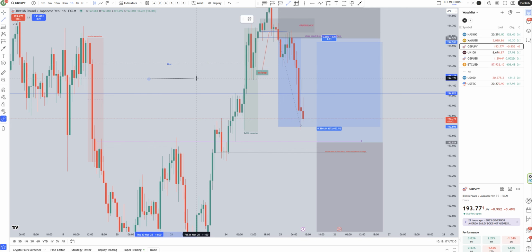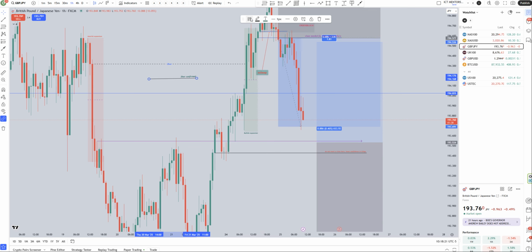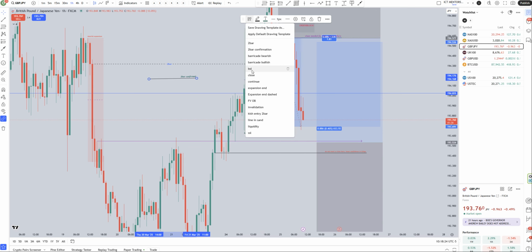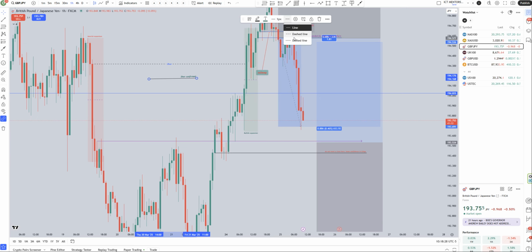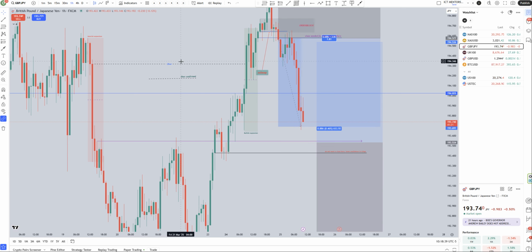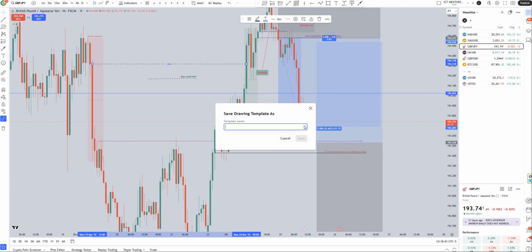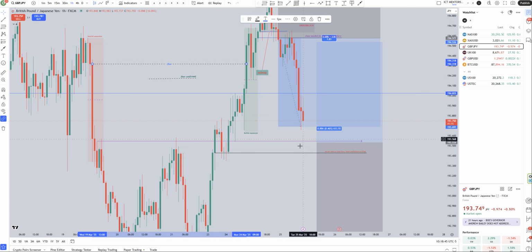Let's do this, and let's change it so the style will be dashed lines, and then we'll save it as two-bar confirmed. Okay, and then this we'll save as two-bar.